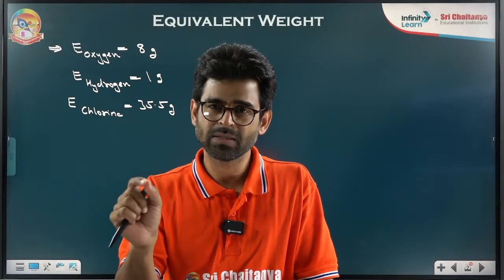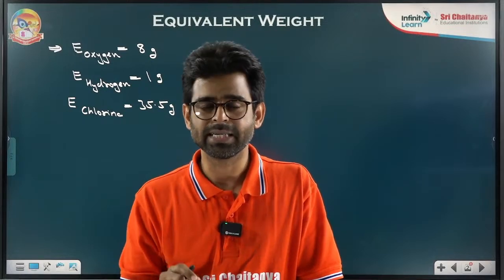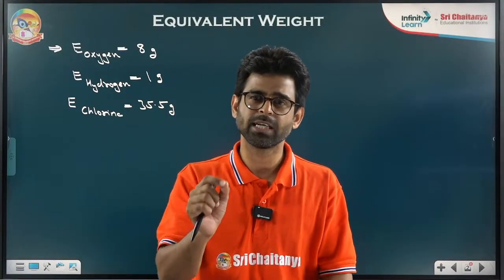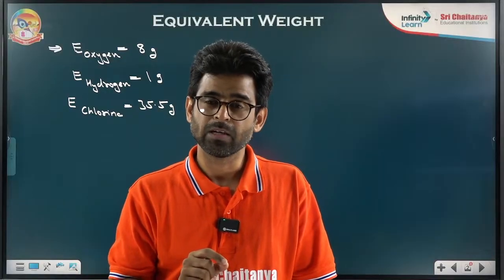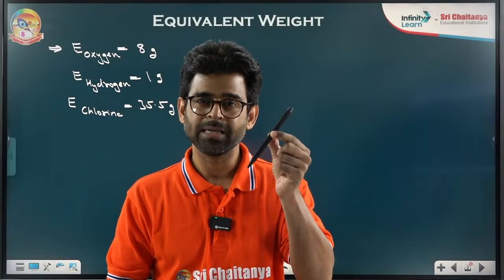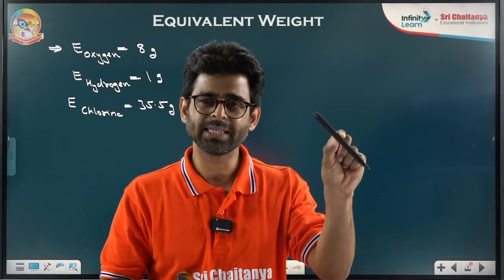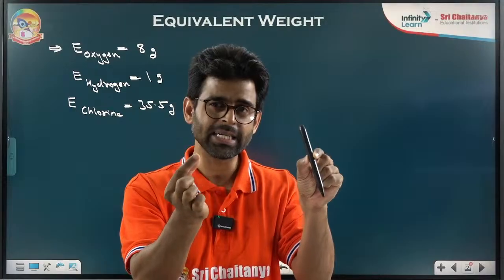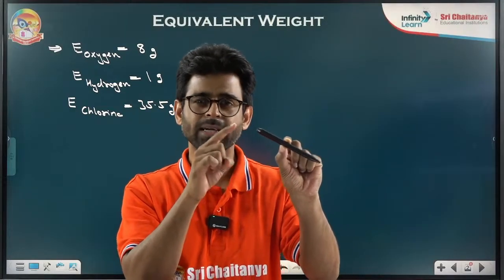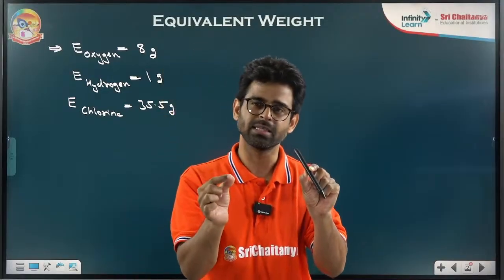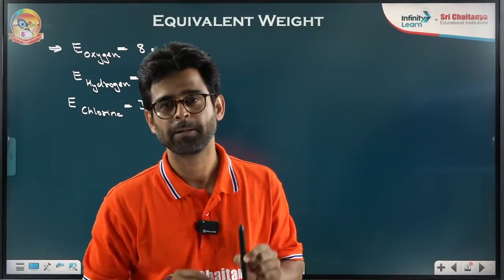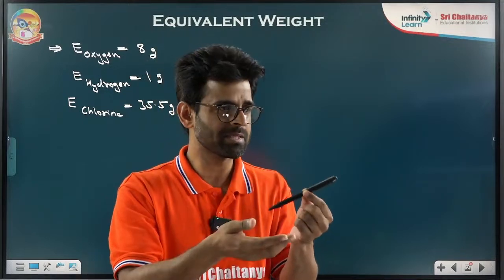Oxygen's equivalent weight is how much? 8 gram, right? So imagine this is my metal, some metal M. Imagine this metal's 20 gram is combining with the 8 gram oxygen. So whatever weight of this metal will combine with 8 gram of oxygen, I will call that weight the equivalent weight of that metal.